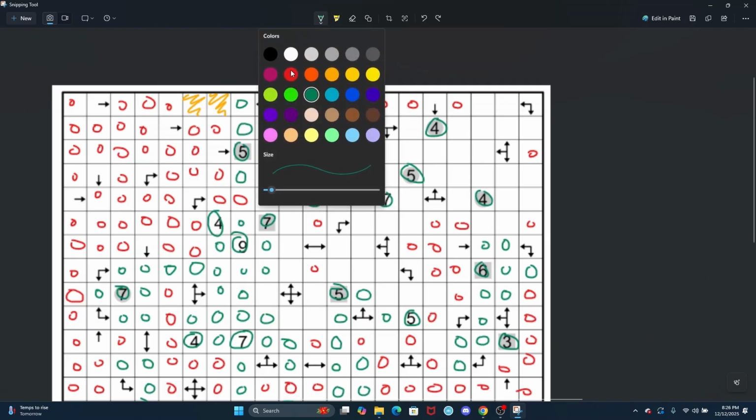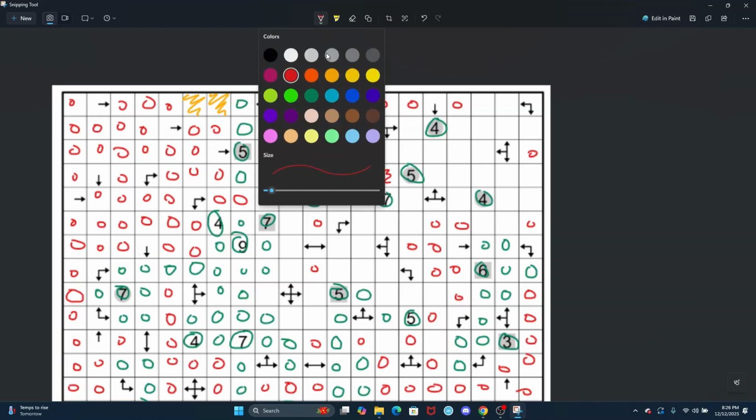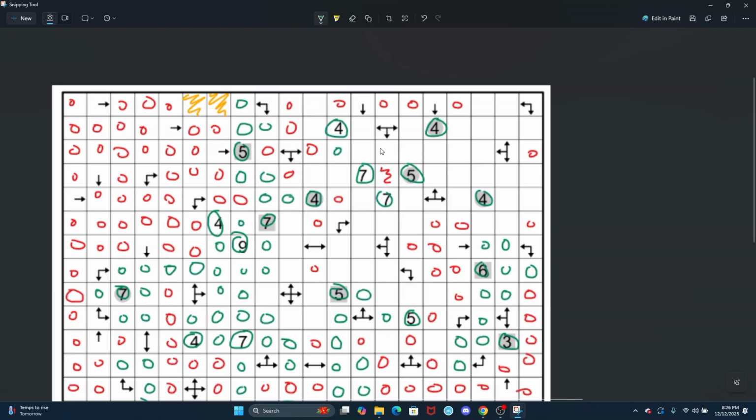Okay, so we can just work at it one by one. If this is red, then this would be green, which would make this a hole, so that can't happen. So this one has to be green.